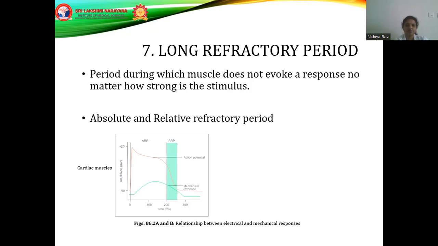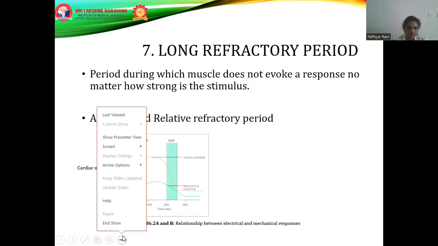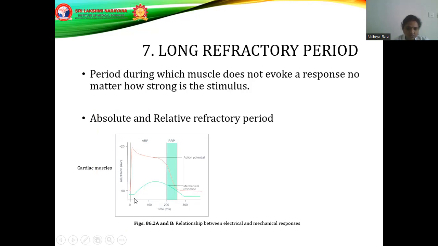So what is this? Here you can see that time is drawn along the x-axis and the cardiac muscle action potential is drawn along the y-axis.